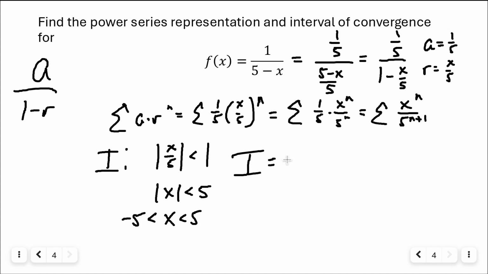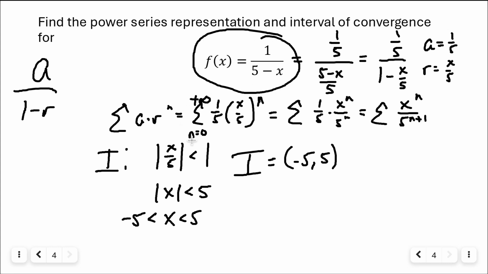So the interval of convergence is open, negative 5, 5, open. So there's my series. Okay, and again, we can put labels on this, n equals 0 to infinity, if you want. It's an infinite series. And again, the idea is the fact that this function and this series are interchangeable. It doesn't matter which one you use because they mean the same thing.